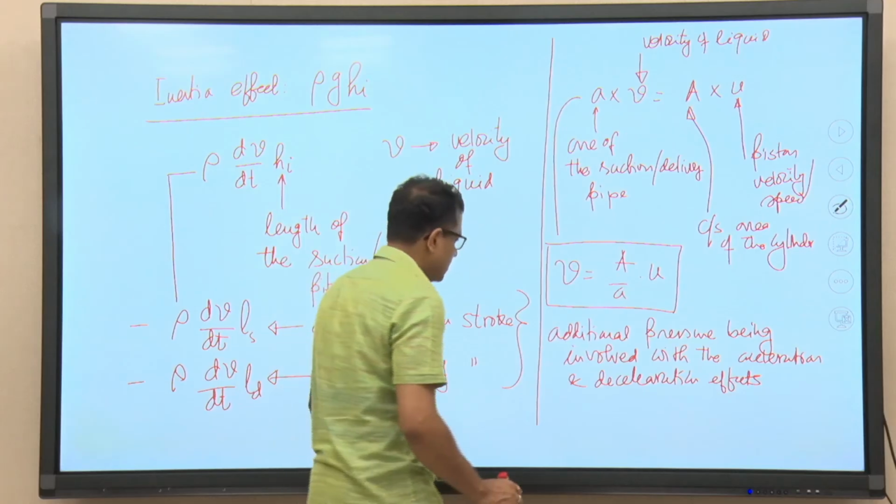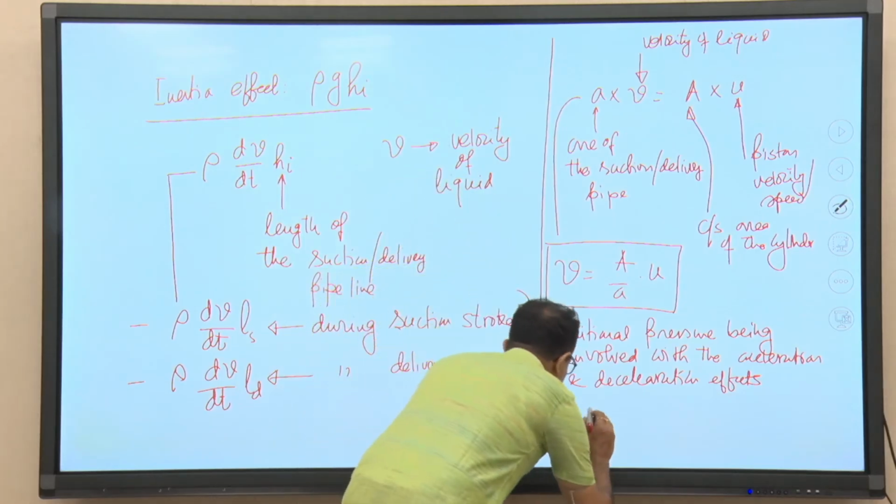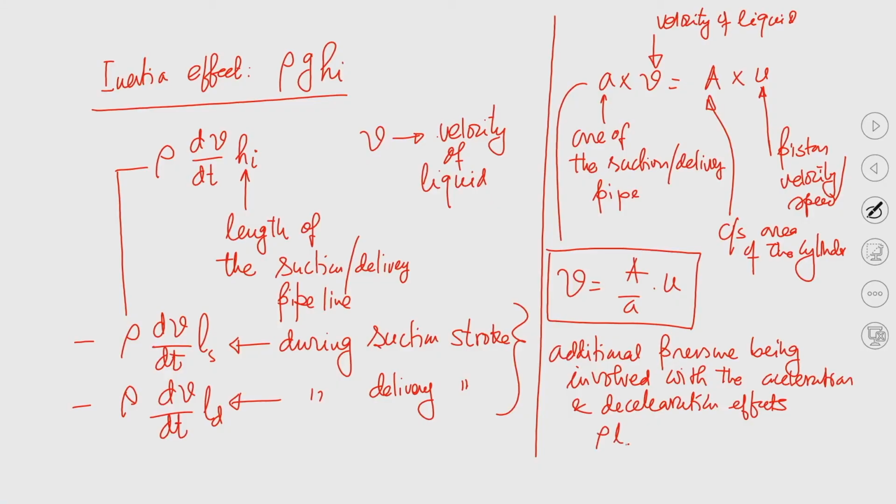So, this is du dt, very simple. And rho Ld a by A into du dt, try to understand.